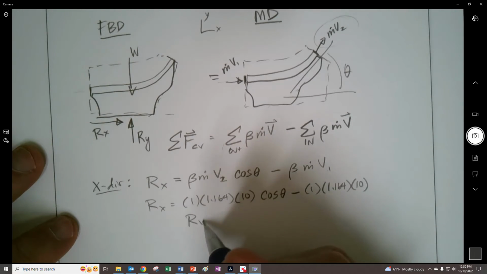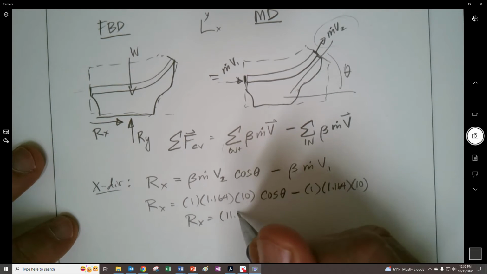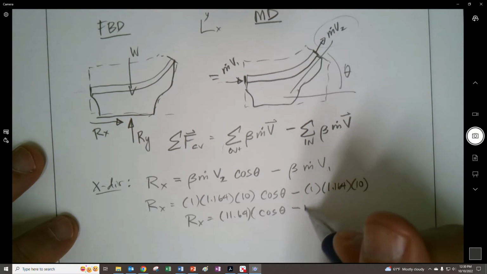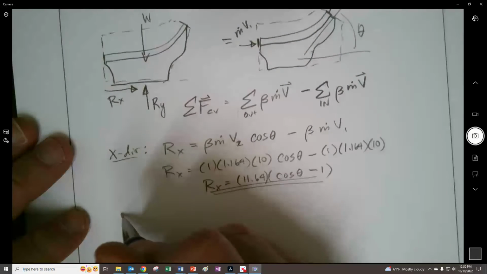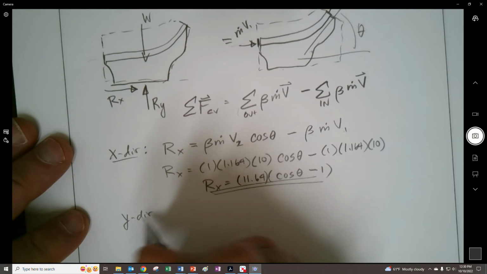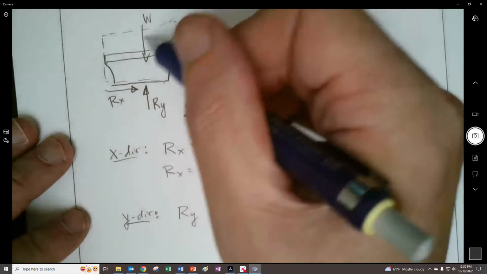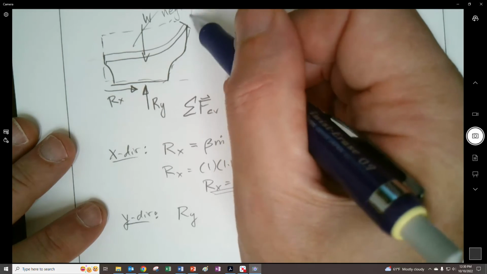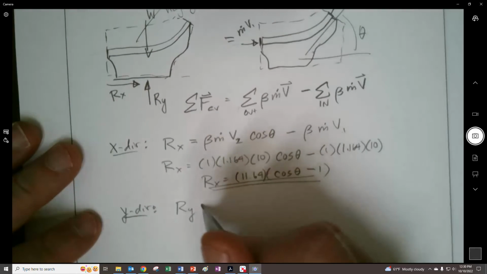So we're going to have an equation here. That's going to be 11.64, and it's going to be cosine theta minus 1. And our y direction, Ry, we're going to ignore the weights. We're saying that they're negligible, or negligent, I don't know which.